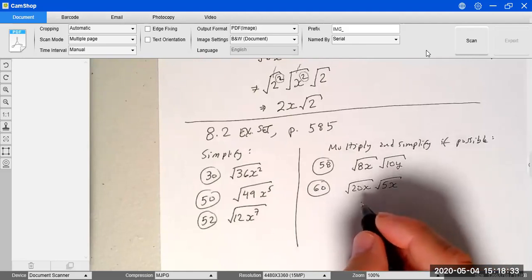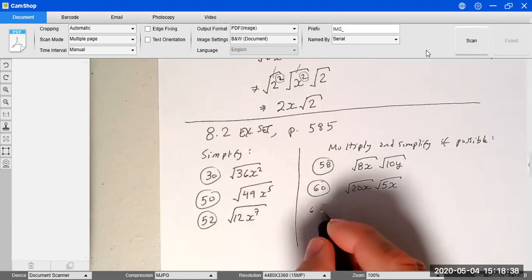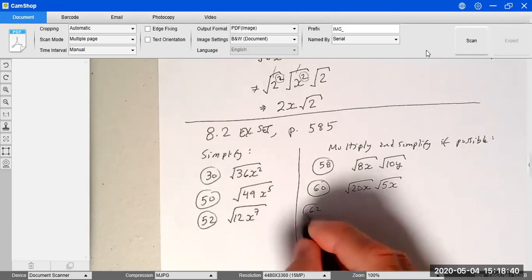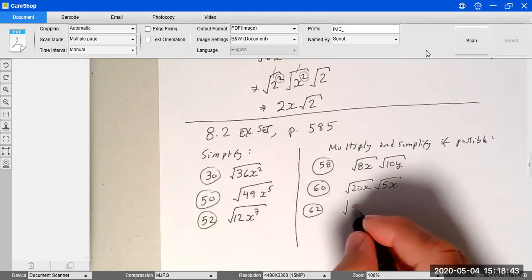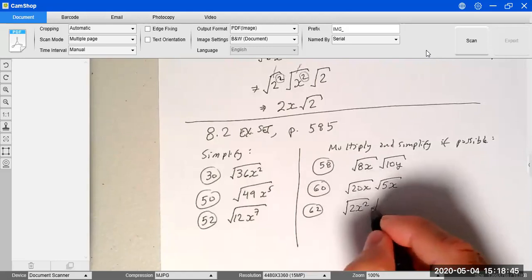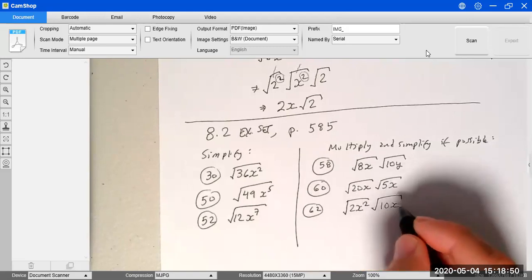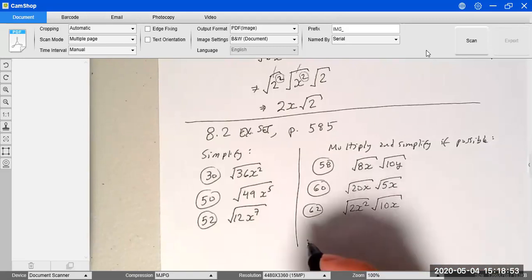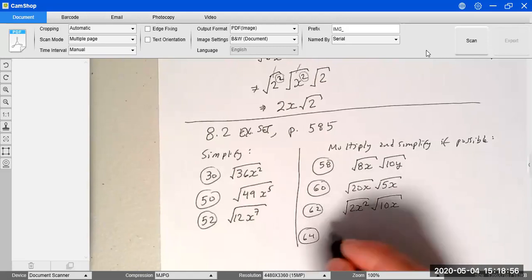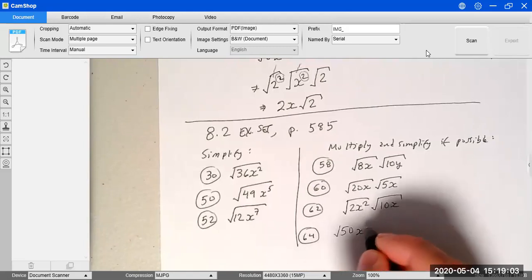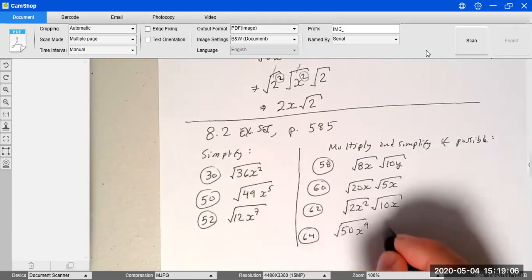Then we have 62, which is the square root of 2x squared multiplying the square root of 10x. And then we have 64, which is just the square root of 50x to the 9 multiplying the square root of 4x to the 4.